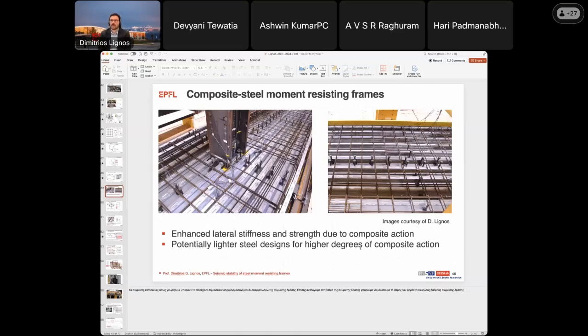So I would target something like 6 gamma Y, and I would target this at a drift level of about 3 to 4%, which is what we use typically as a drift level for a maximum considered earthquake, which is actually 1.5 times bigger than the design basis earthquake.